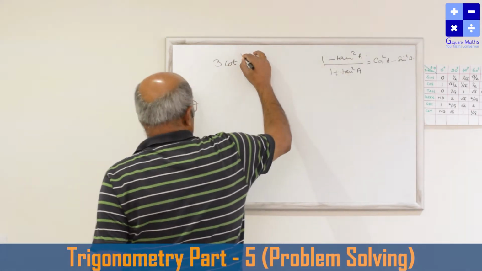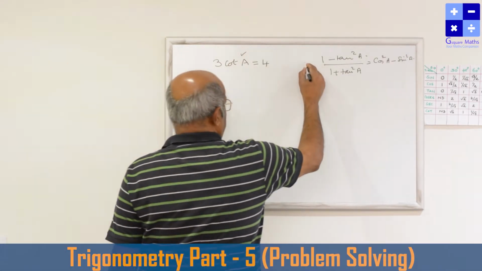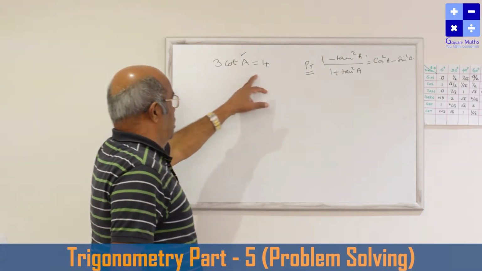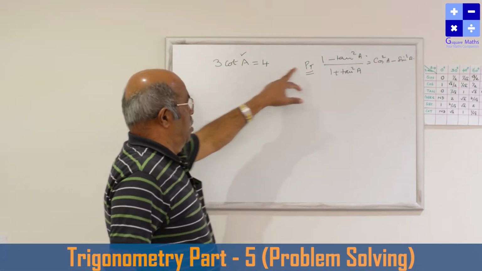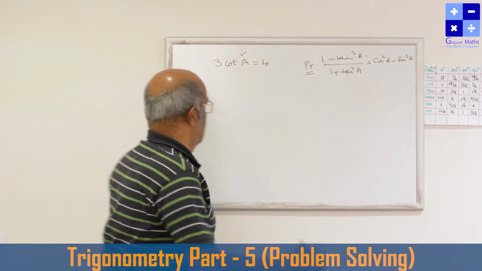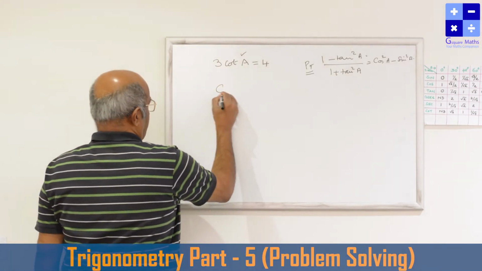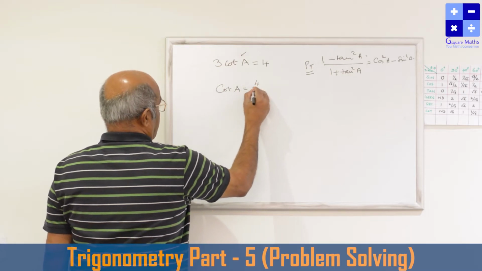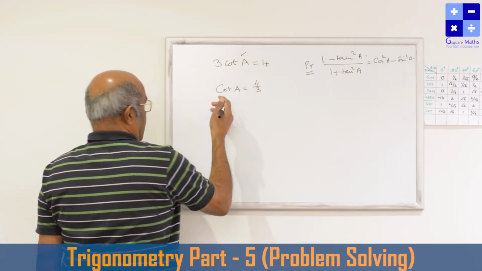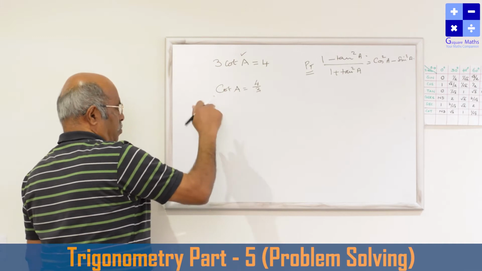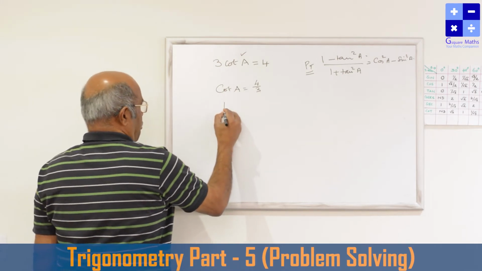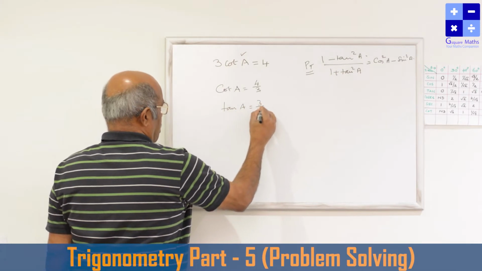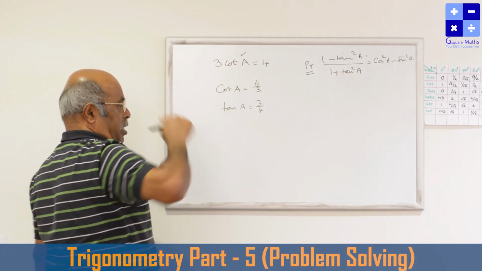Something is given, we have to prove this. 3 cot A is equal to 4. From this, we can get the value of cot. Cot A is equal to 4 by 3. As cot and tan are reciprocals of each other, therefore tan A is equal to 3 by 4. Simply substitute in that.